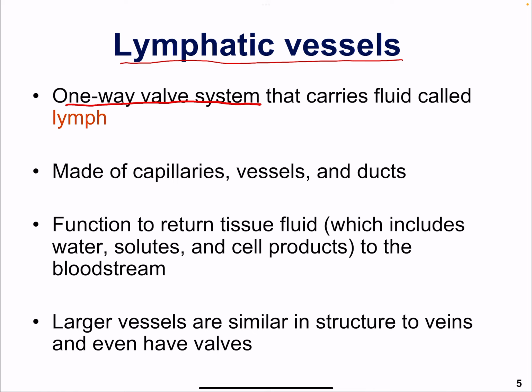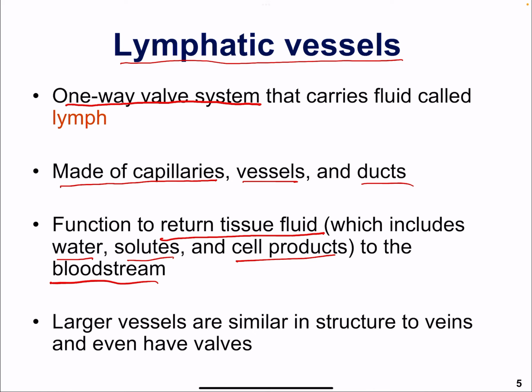The lymphatic vessels are going to have capillaries, vessels, and ducts. The ducts being the largest pipes, right? Their function is to return the tissue fluid, which is made up of water, salts, cellular products, including proteins, and all of that is going to be returned to the bloodstream.